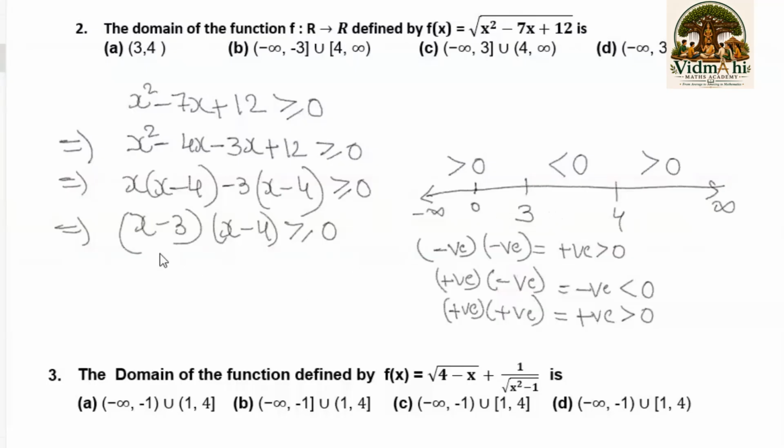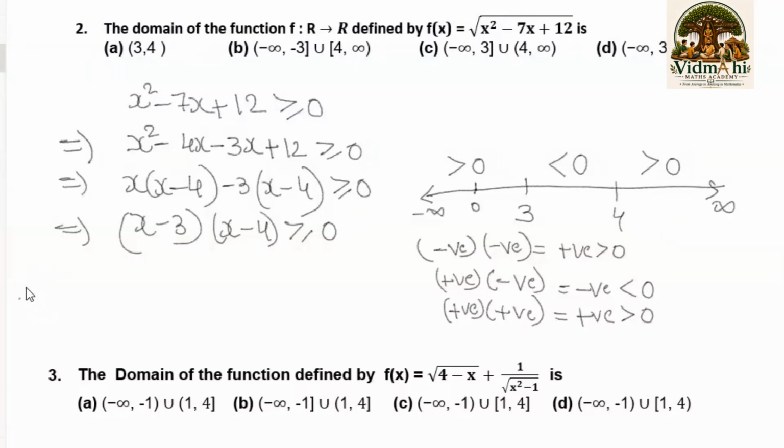So observe this function: x minus 3 times x minus 4 should be greater than or equal to 0. That means in between minus infinity to 3 and 4 to infinity, the value of the function is greater than 0.